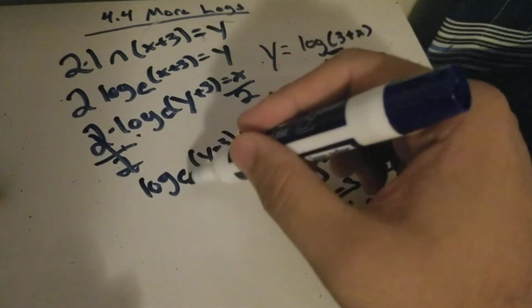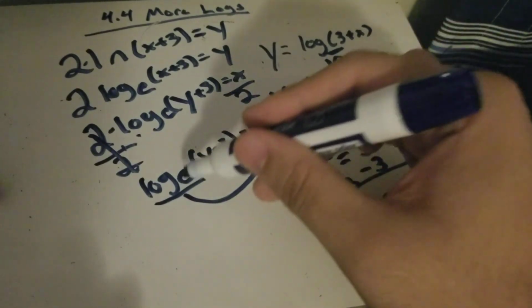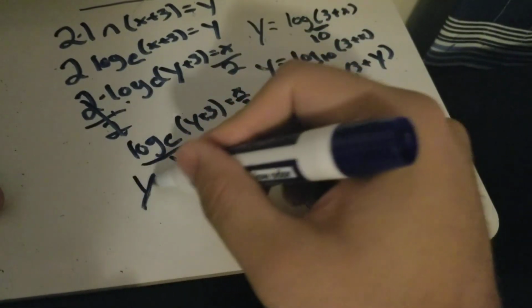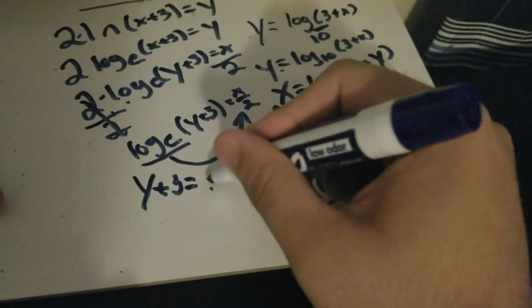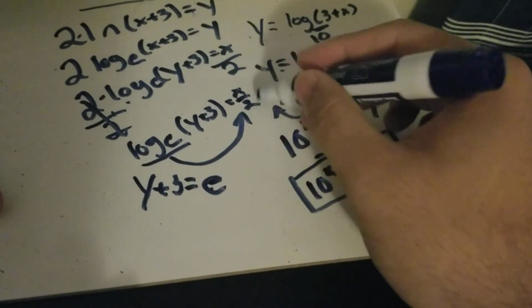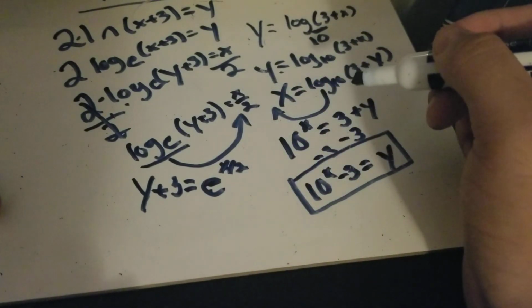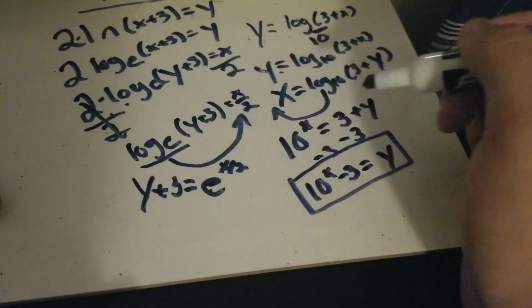Okay, so I have a log base e, so the base of a log when transferred over becomes the base of an exponent. So now I have y plus 3 equals e. This whole thing becomes a fraction, so x divided by 2. E to the power of x divided by 2.